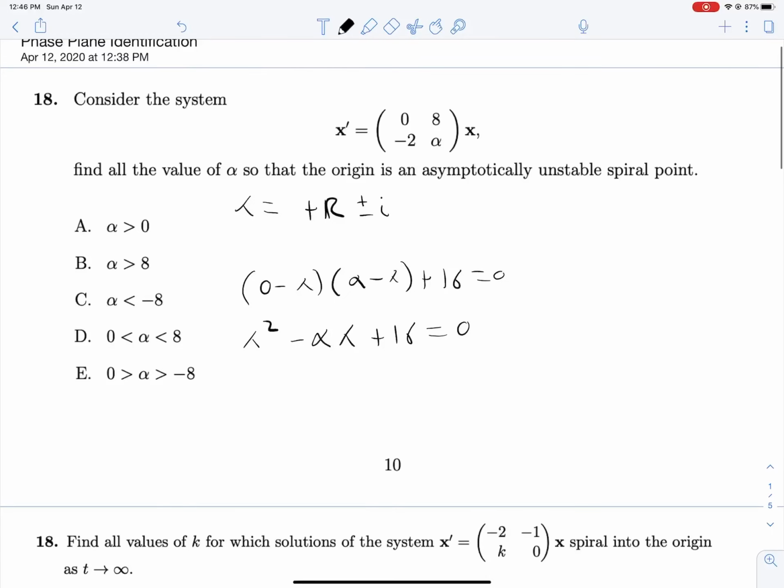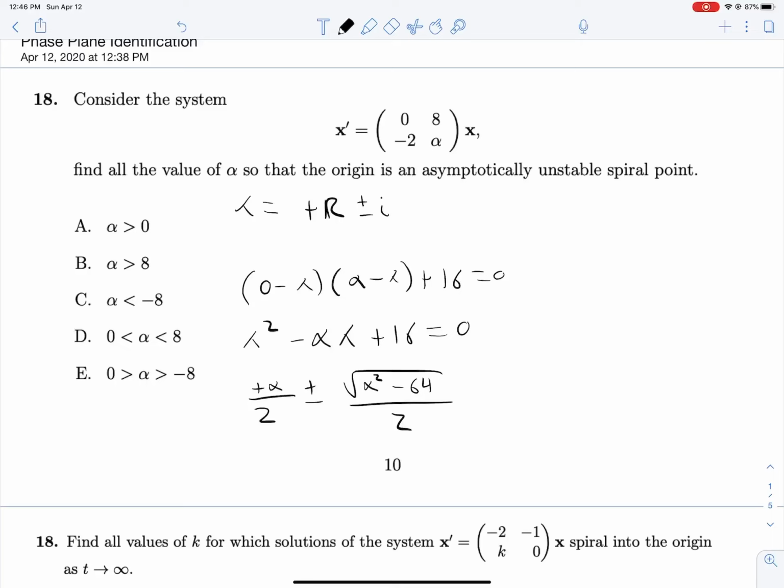using the quadratic formula, we will have negative b, so positive alpha, over 2, plus or minus the square root of b squared, so alpha squared, minus 4ac, minus 64, all divided by 2.